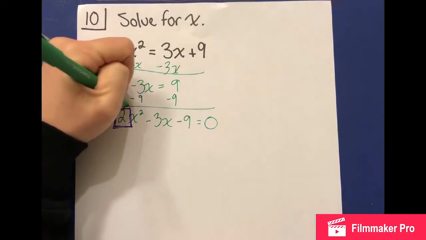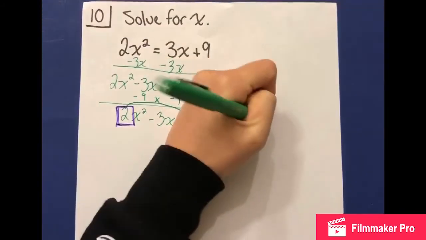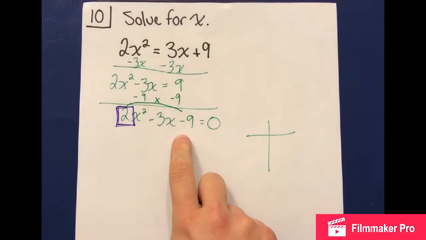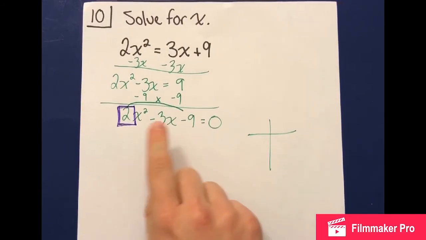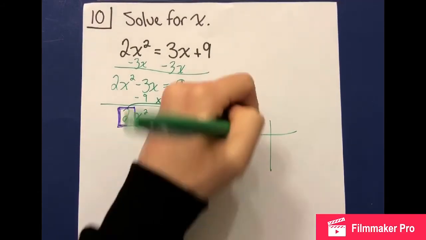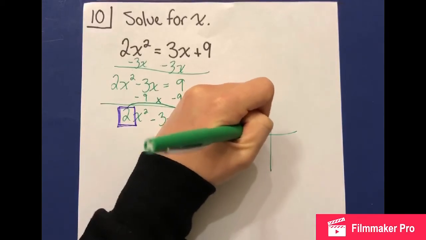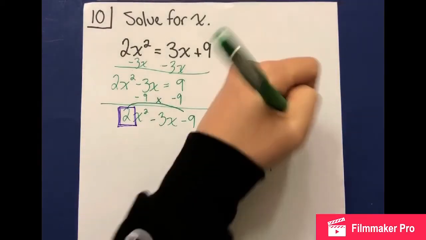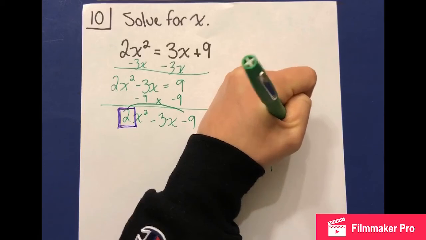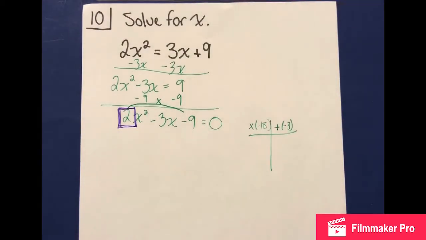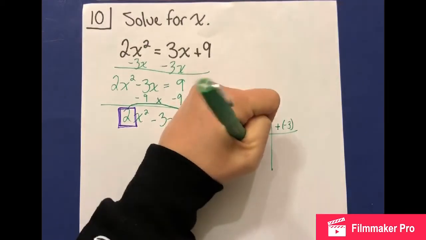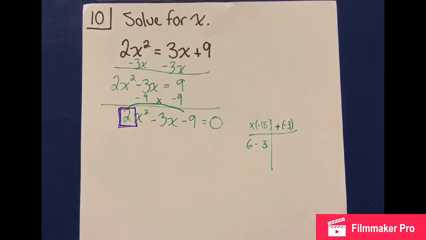So this is going to multiply in my t-chart, not to negative 9, but to negative 9 times 2. So in this case, we have multiplying to negative 18, and it's still just adding to the middle, which is a negative 3. Looking at 18, just break up the numbers, 6 and 3 ends up working.